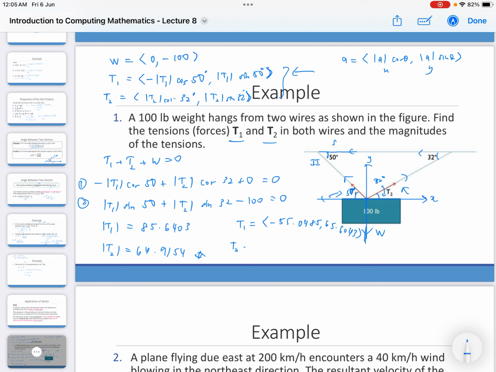And then for vector T2, the first component is 55.0514, and the second component is 34.3999.